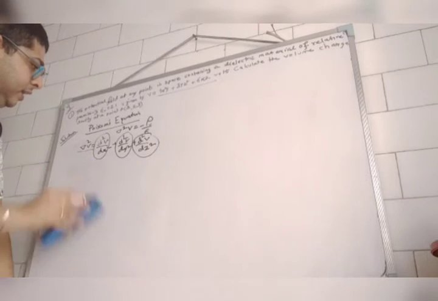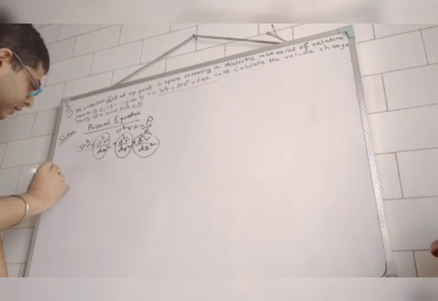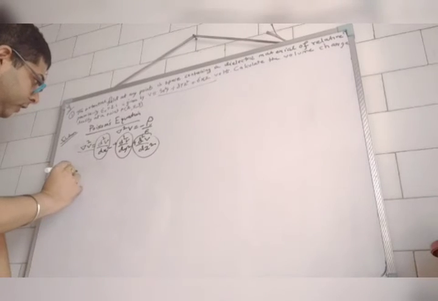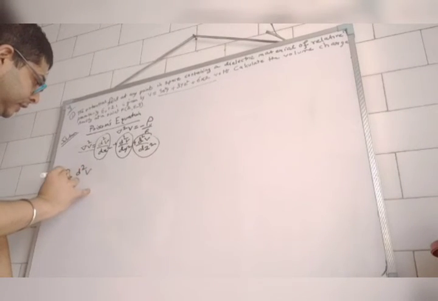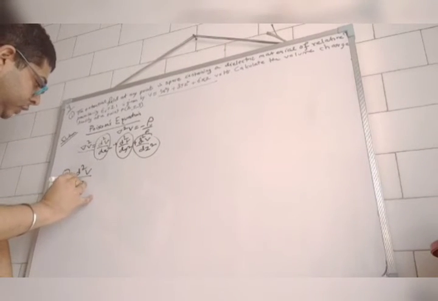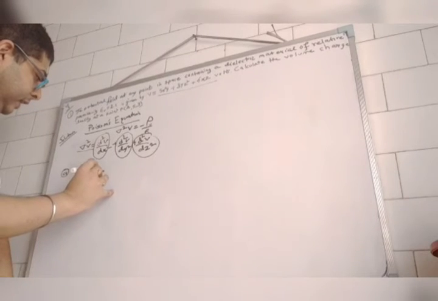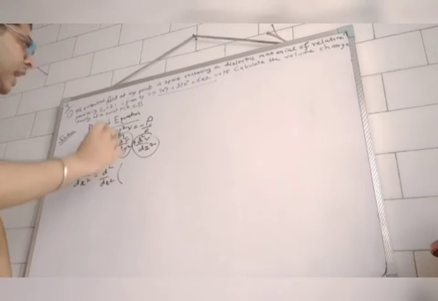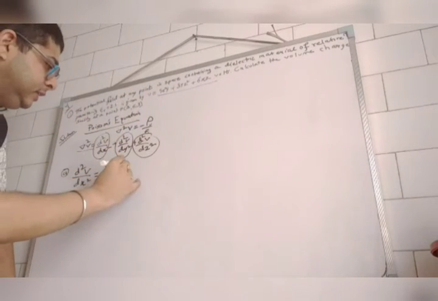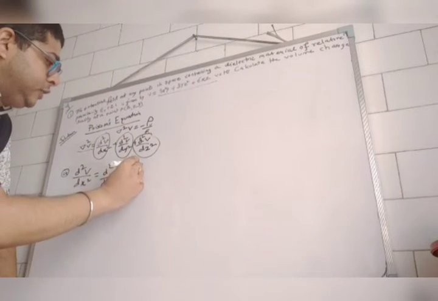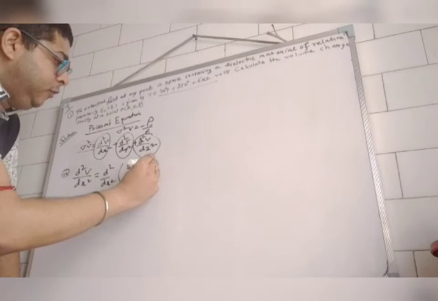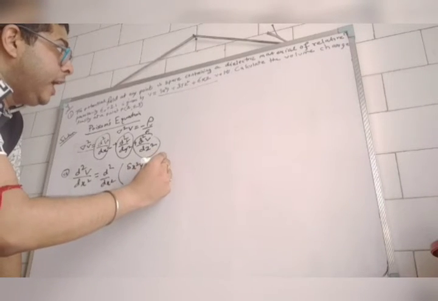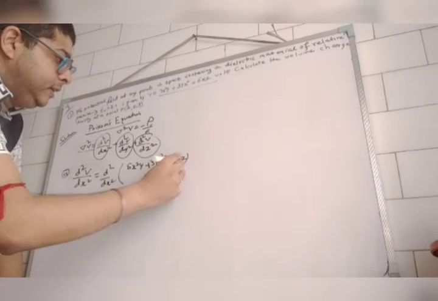We need to calculate del square V first. Let us say d2V by dx2 will be d2 by dx2 of the potential, which is given by 5x squared y plus 3yz squared plus 6xz.